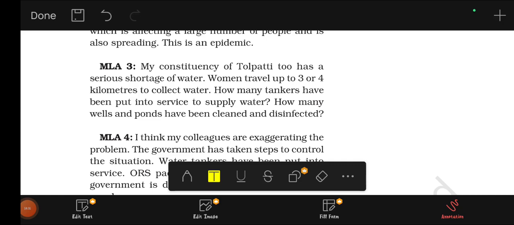Pandemic means if it's spreading all over the world, like COVID-19. Epidemic means in a particular region spreading rapidly.